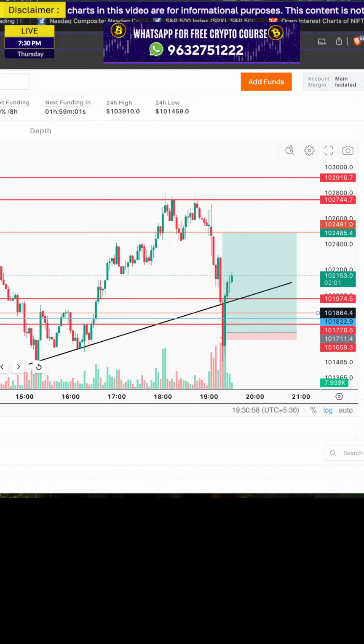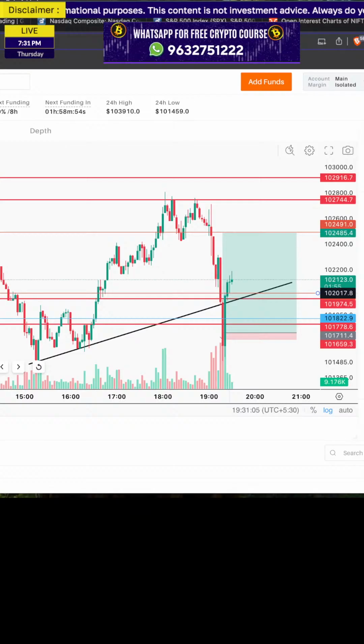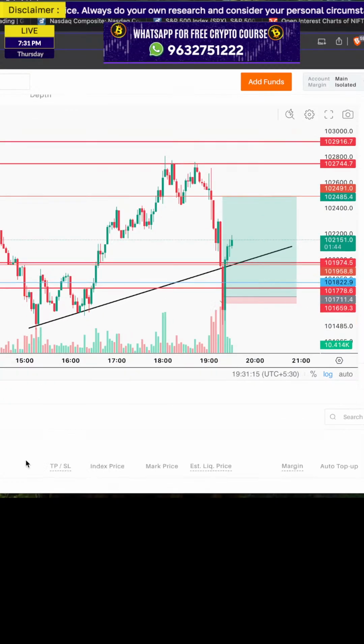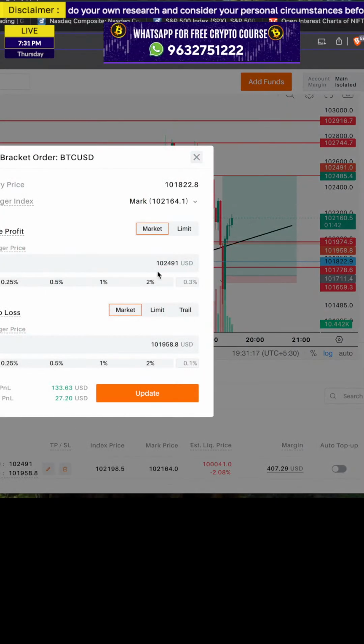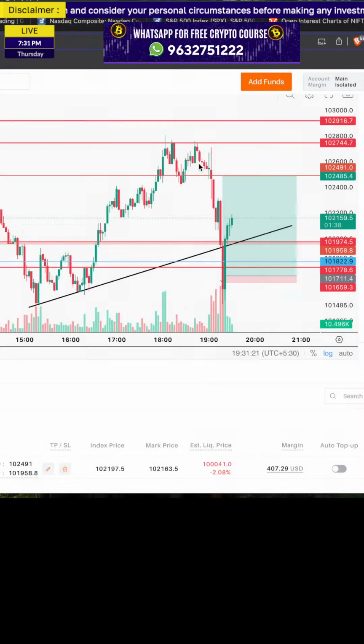Below this candle, even I'll put my stop loss, maybe up to this zone. One issue is there. Okay, up to this zone I will keep. So in this trade, whatever happens, I'll make $27 profit. And if the market goes as per the view, I'll make $130.